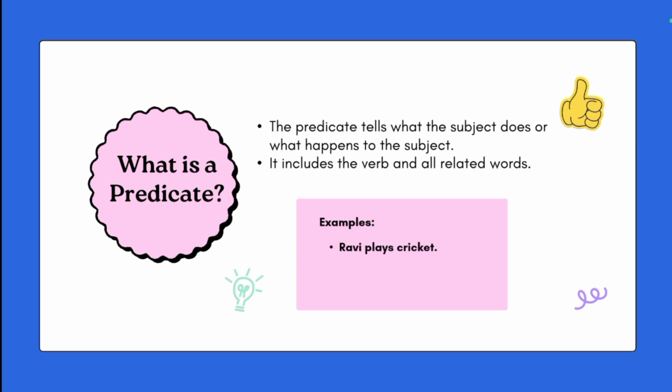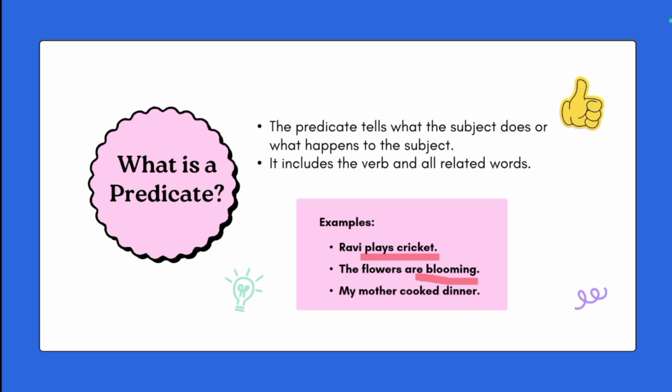Ravi plays cricket. In the earlier example we saw Ravi is performing the action. What action is he performing? Playing cricket. So plays cricket is the predicate. The flowers are blooming. The flowers is the subject. We have just seen that. So what are the flowers doing? They are blooming. Are blooming is the predicate.